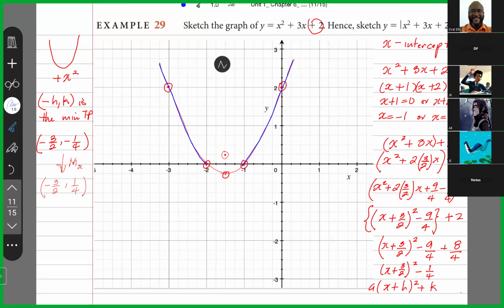And the part that is below the x-axis will get reflected above the x-axis. And so the blue graph is the graph of y is equal to the mod of x squared plus 3x plus 2.